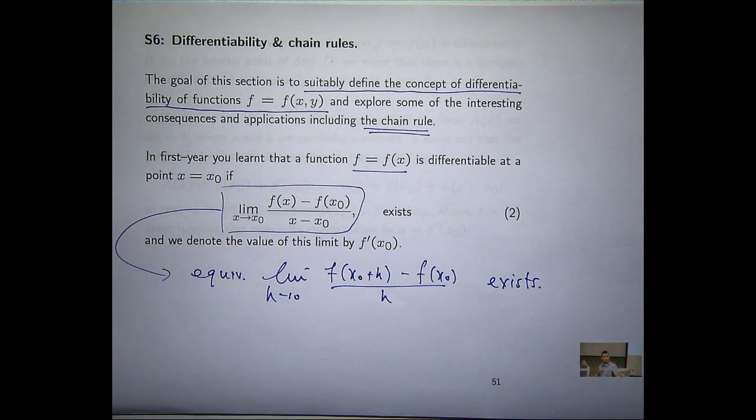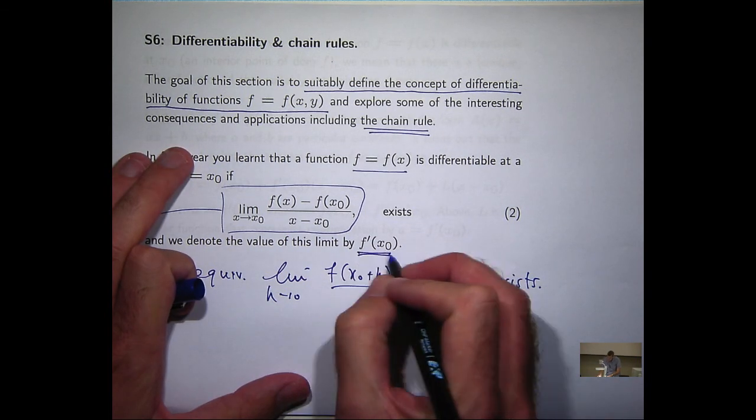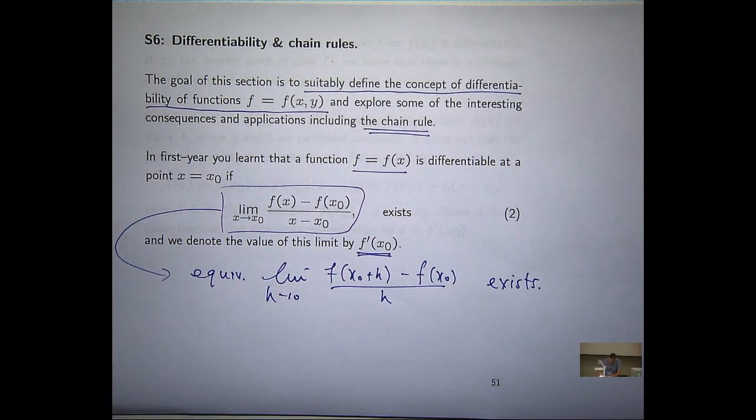Now remember, when we say a limit exists, it's just a finite real number in this case. Okay, it's not positive infinity or negative infinity. Now we denote the value of that limit by f prime of x0. Okay, it's just a value, just a number.